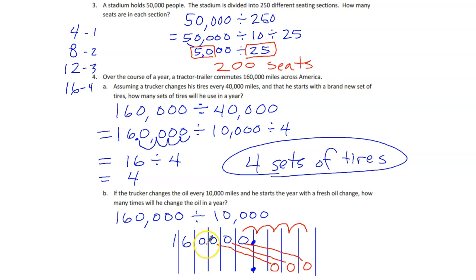My 0 that's in my thousands place, my comma will be there, I'm going to move 1, 2, 3, 4 places to my tenths. My 6 that's in my 10,000s place is going to move 1, 2, 3, 4 places to my ones. And then my 1 that's in my 100,000s place is going to move 1, 2, 3, 4 places to my tens place. So he would get 16 oil changes in a year.